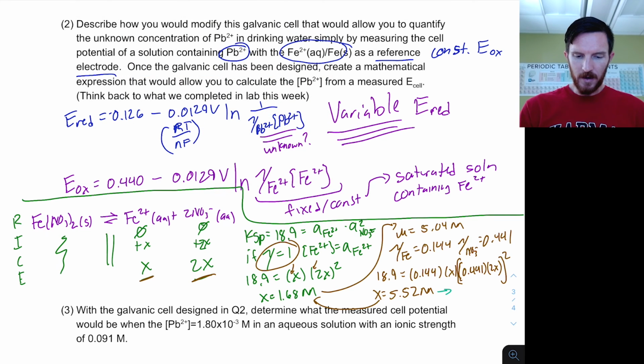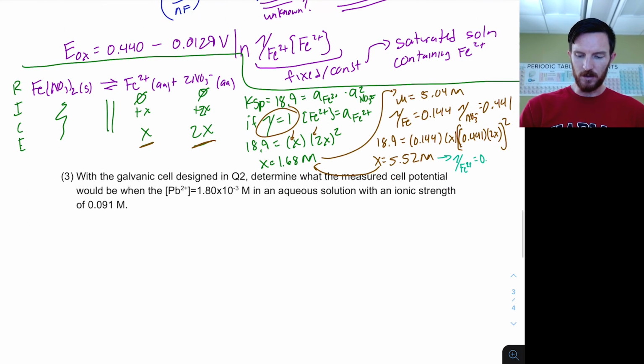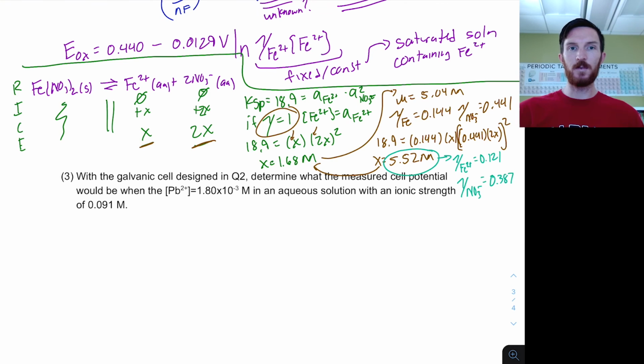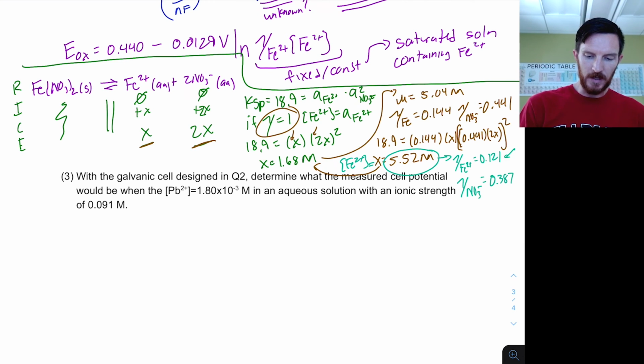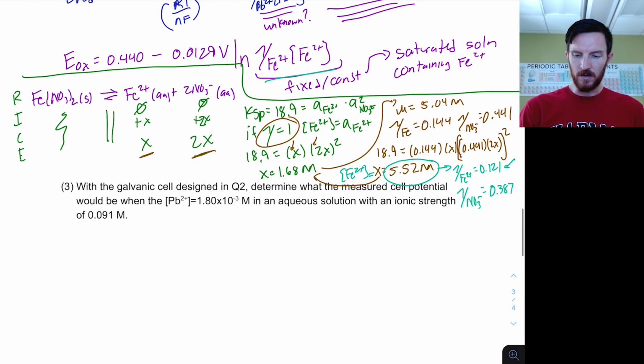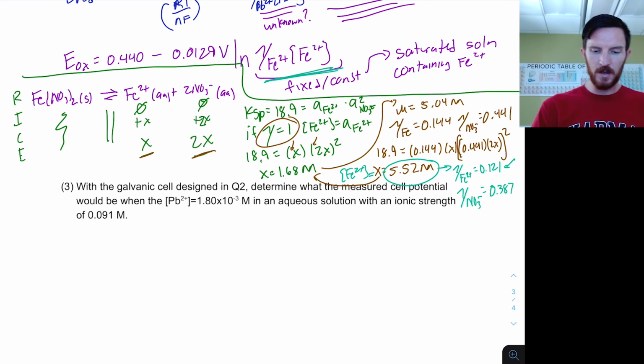And so then from there, we go ahead and recalculate our activity coefficients. So we get an iron 2 plus activity coefficient of 0.121 and a nitrate coefficient of 0.387. So now we have a couple of important pieces of information. We have our actual concentration of the iron 2 plus, and we have the activity coefficient of our iron, which is going to be included up here to calculate our fixed value.